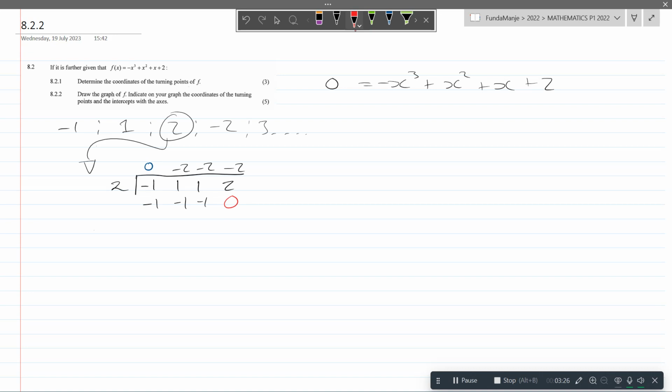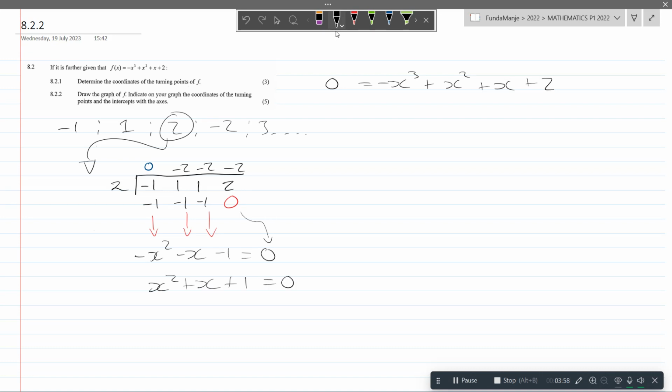Then what are these values that we're getting down here? These are now the coefficients of the rest of the roots that we need. So this would be -x squared minus x minus 1 is equal to 0, like that. And then we can multiply through by -1, we'll get x squared plus x plus 1 is equal to 0.